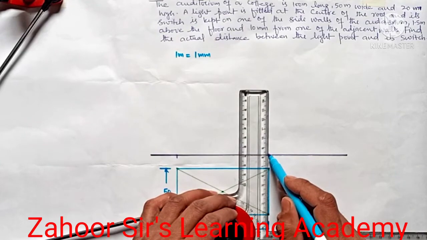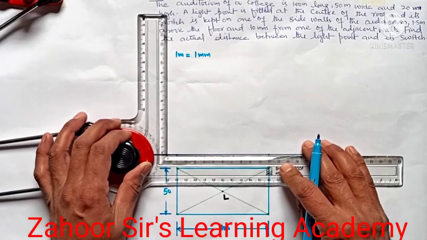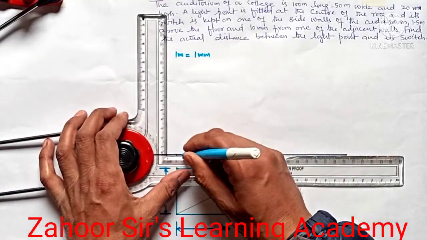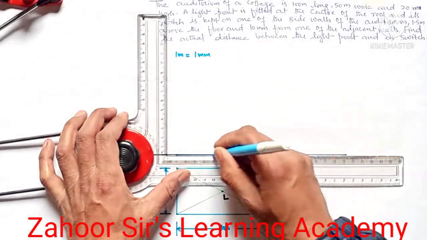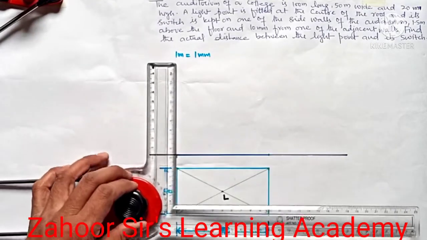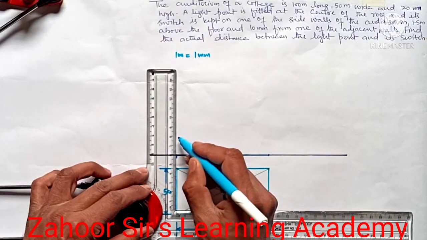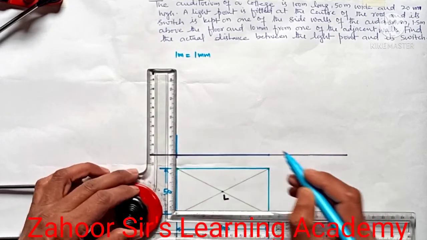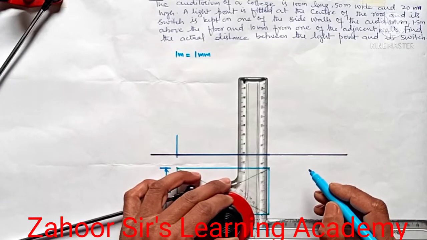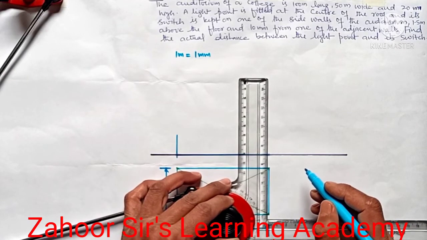I'll produce them here. So this will be the length of the room. And the height of the room is 20 meter. So that is 20 meter means 2 centimeters.